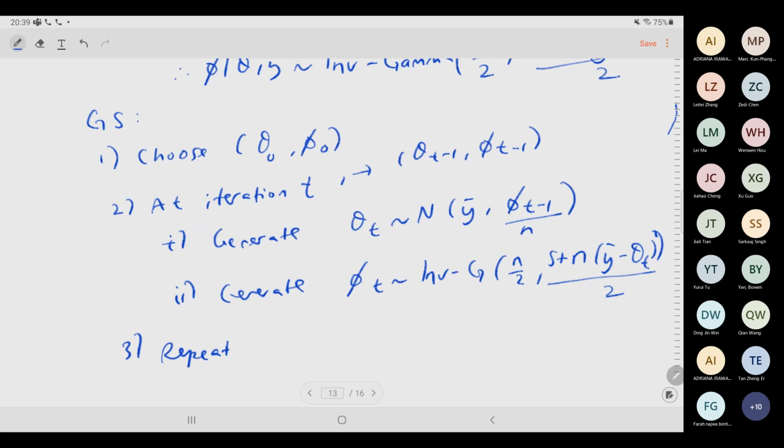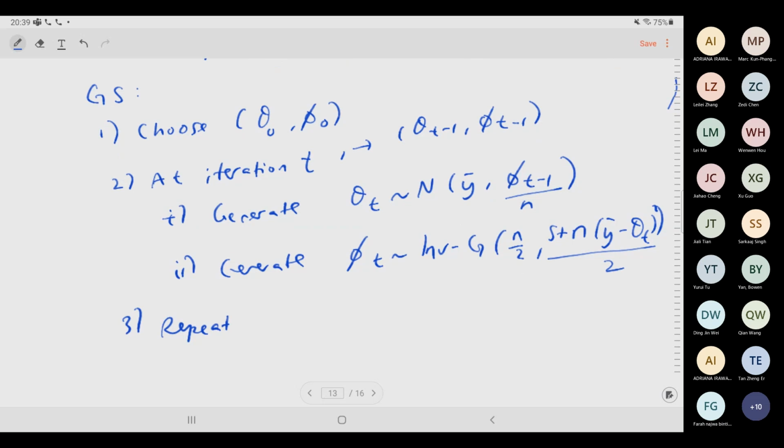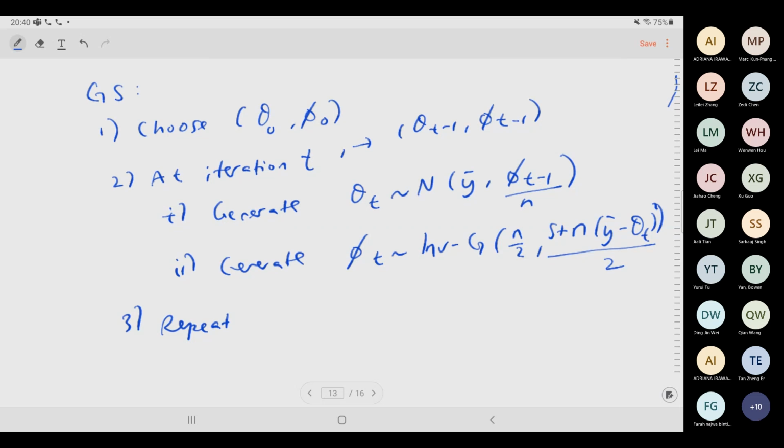So this means that when you write the ordering, the ordering matters. If you put theta and phi, it means you want to update your theta first and then your phi. When you first update your theta at time t, your phi is not yet updated, so your proposal of theta t will depend on phi t minus 1.